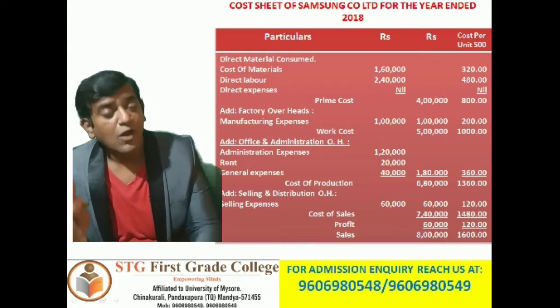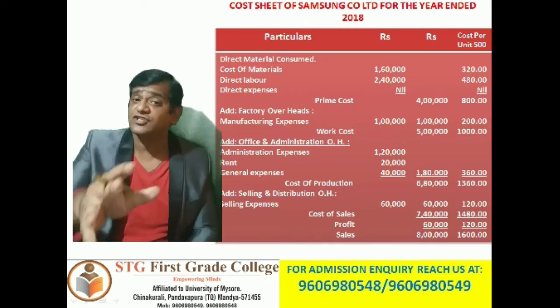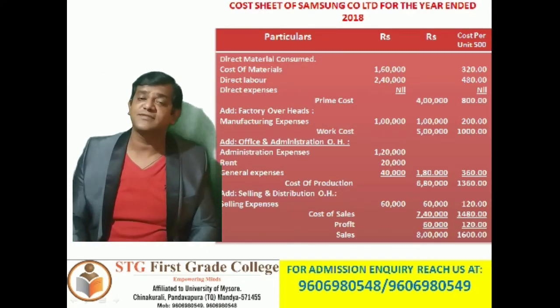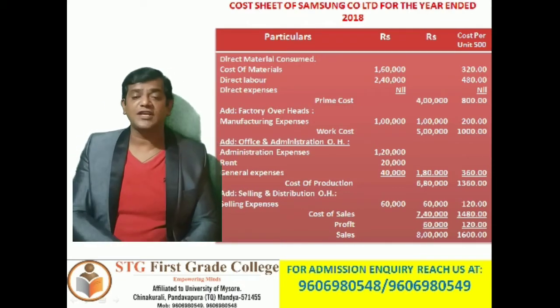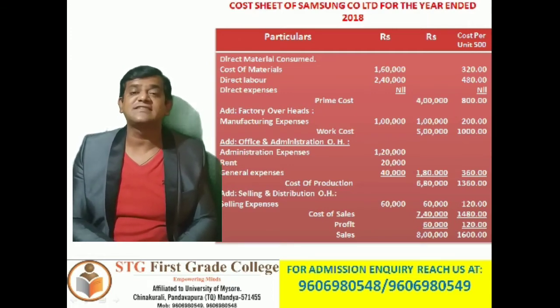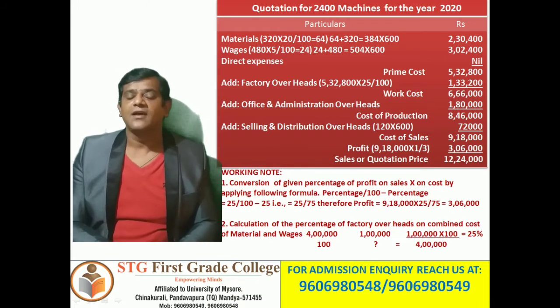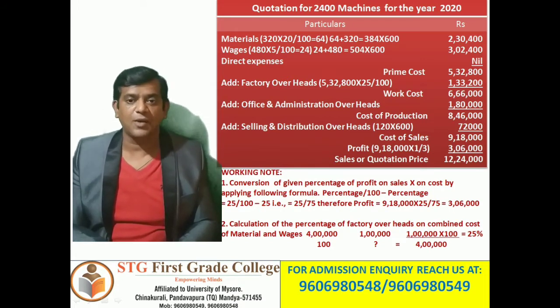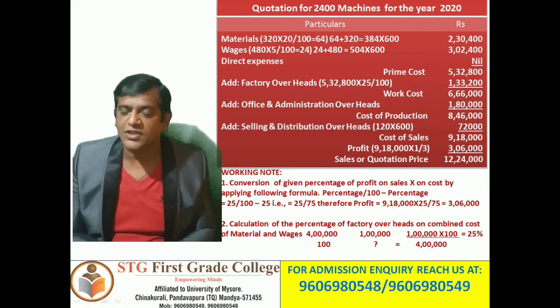Now moving on to the adjustment. In the adjustment, by extracting the information from the adjustment part, we are going to prepare an estimation or quotation. Now, quotation for how many machines? 600 machines. Correct? That is what they said in the problem. So they are going to increase the number of machines by 100. So that is 600.